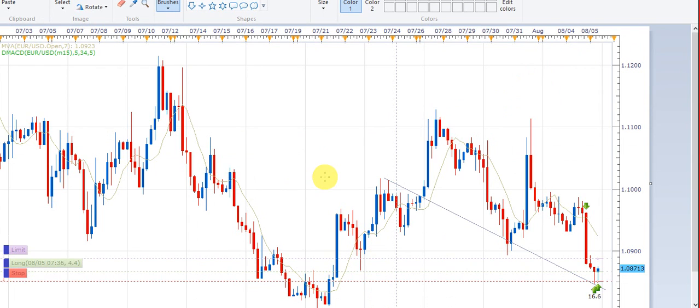This is the entry that you have taken. Yeah, I tried to take a buy from there. Which pair is that? Euro dollar. All right. And now explain to me the reason behind this trade, the best you can.